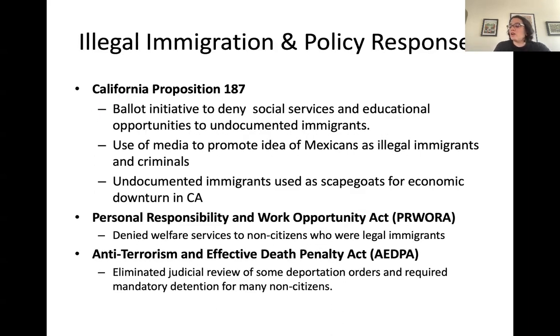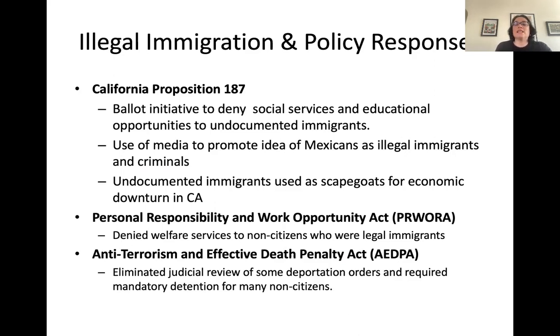In California, we saw Proposition 187 making it to the ballot, which was an initiative to deny social services and educational opportunities to undocumented immigrants. The media was used to promote ideas of Mexicans as illegal immigrants and criminals, and undocumented immigrants were used as scapegoats for economic downturn in California, even though there was no evidence of a connection between what was going on in the economy in California at the time and undocumented immigrants.